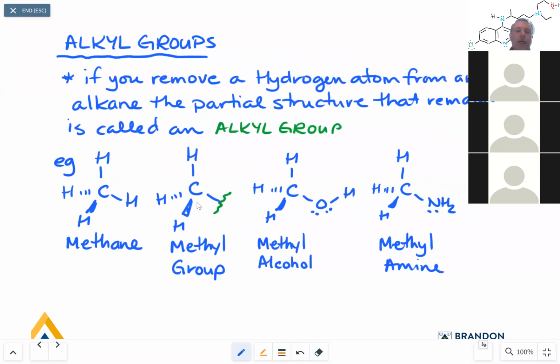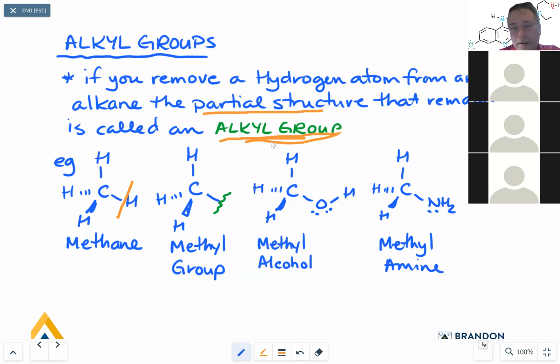Okay, so methane itself is just a carbon with 4 hydrogens. It's a gas. Not particularly interesting in the sense of what we're doing, but if you remove one of the hydrogens and connect it to something, then you can have a whole bunch of varying things. So if you remove a hydrogen from an alkane, the partial structure that remains is what we call an alkyl group.